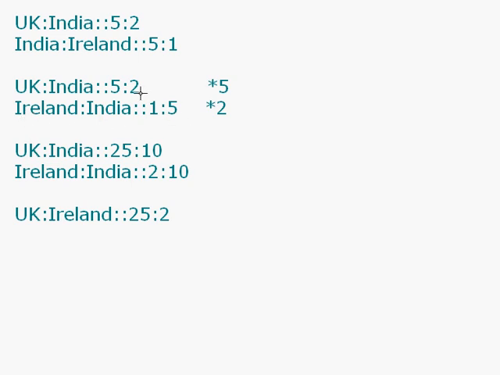Now we did something to make India the same. So we multiplied the first ratio by 5 and the second by 2, okay, so it will become 10 and it will also become 10. Now the UK and Ireland parts will also change according to the multiplication. So UK to India became 25:10 and Ireland to India became 2:10. Now we compare, UK to Ireland will be 25:2. Okay, so that's what the answer is.